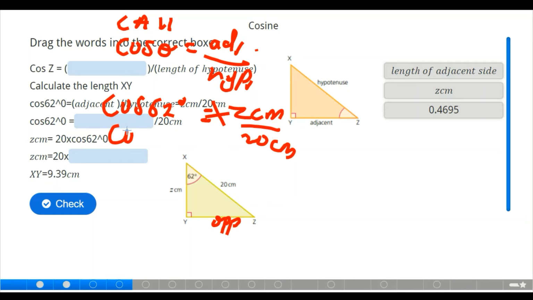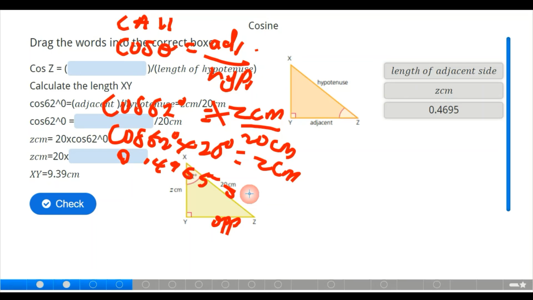So we cross multiply. So we have cos 62 degree multiplied by 20 centimeter equals Z centimeter. Cos 62 will give us 0.4695 after approximation. So having that, let's multiply the answer we have here.